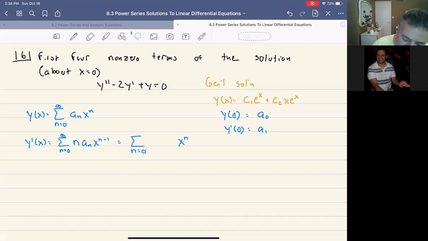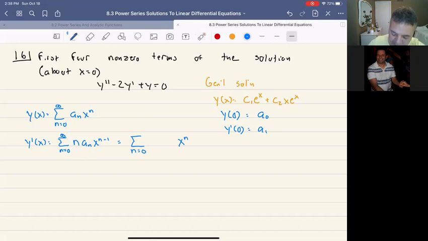And now what I'm going to say is this, I'm going to look, what is my first term? If n equals 0, this is 0, but my first non-zero term is when n equals 1. And that's going to give me x to the 0 here, right? So when n equals 1, that means this is 1, and this is a sub 1.